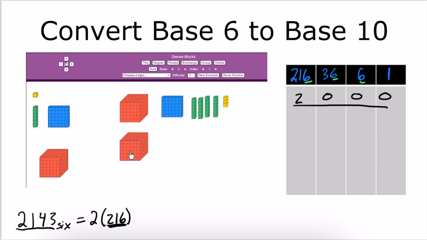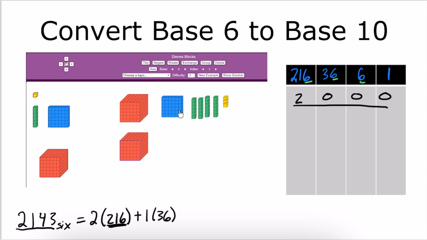And so I could say, okay, well, whatever 2 times 216 is, that's the amount that I have in just the red blocks. And then in the blue blocks, I would have 1 times 36 because those blue blocks have 36 cubes in them.